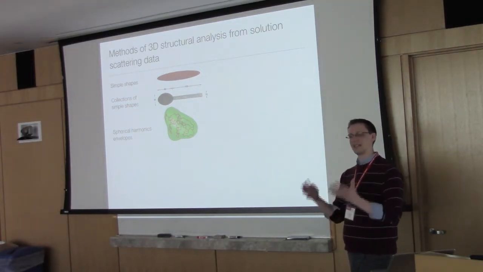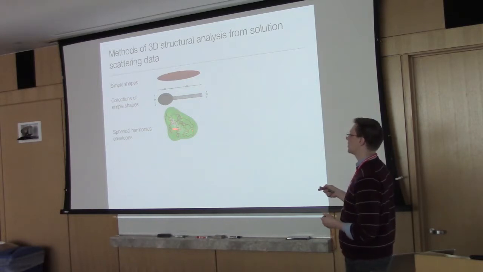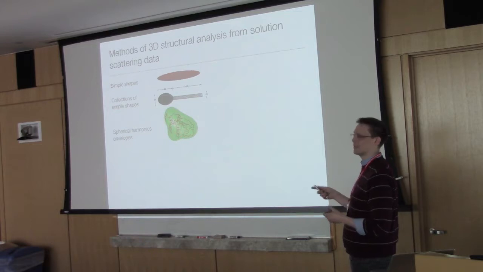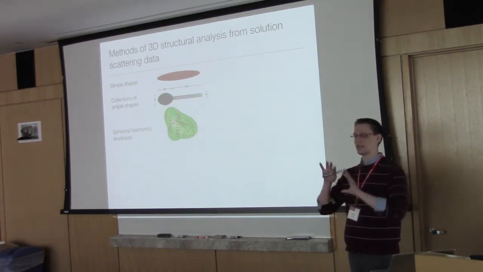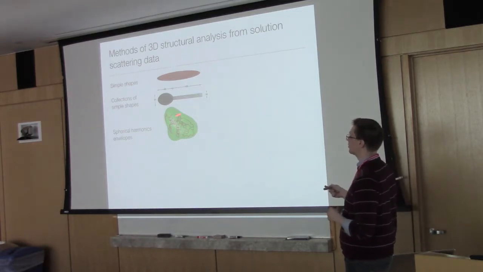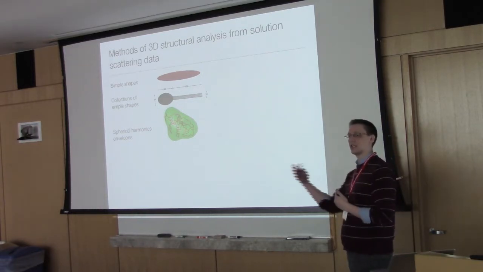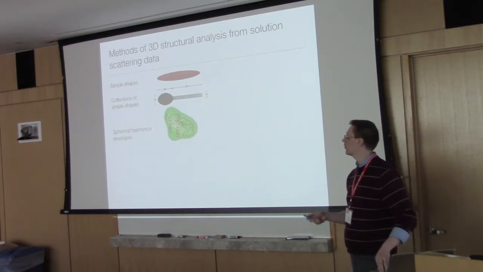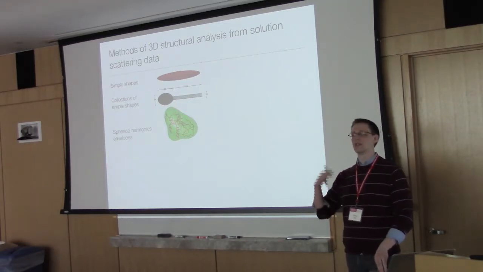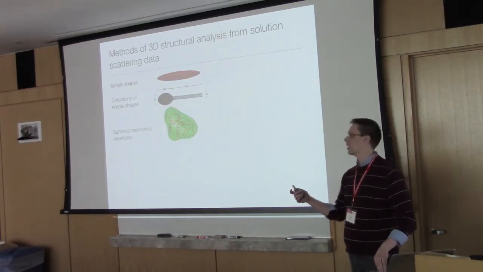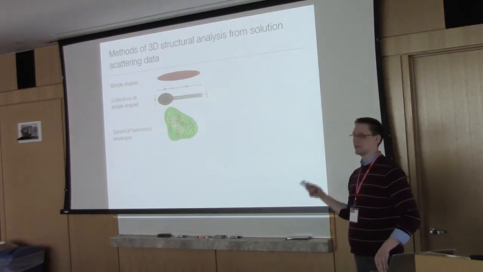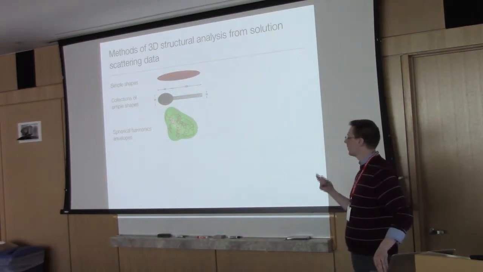Rather than using spherical harmonics to define the density, it uses spherical harmonics to define a distance from the center, and so that defines, in 3 dimensions, this envelope. And so we assume uniform density inside of that envelope, and again, we can calculate the scattering profile and iterate through lots of different possible spherical harmonics coefficients and come up with something that roughly matches our data.